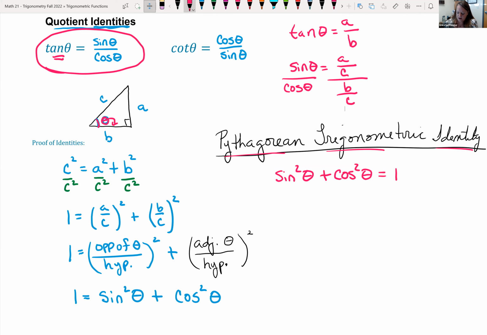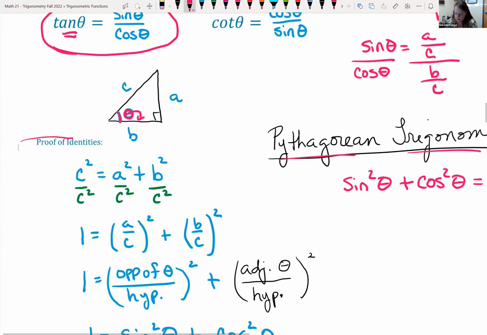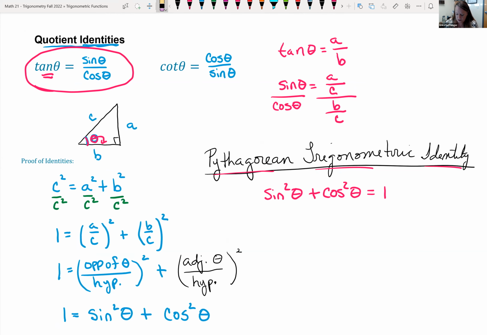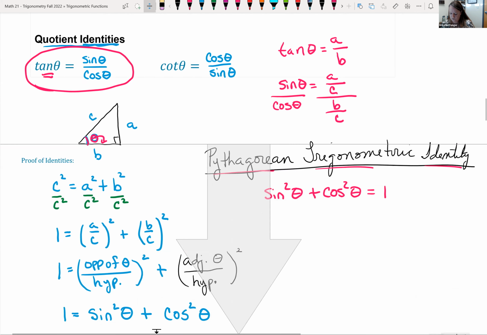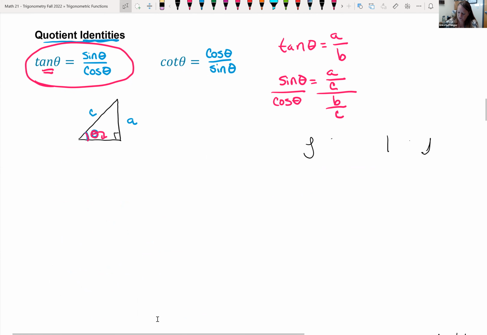We have here a fraction divided by a fraction. Rewrite it if it helps you as division.